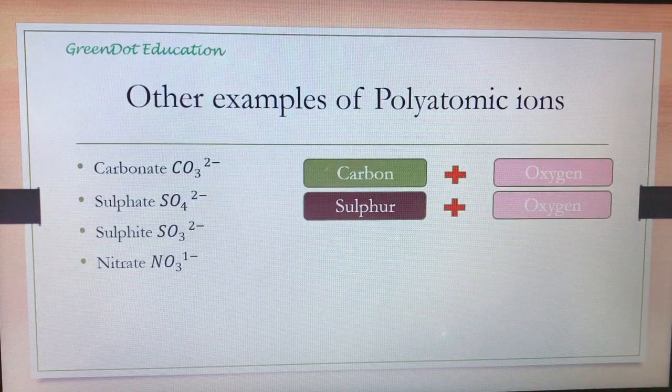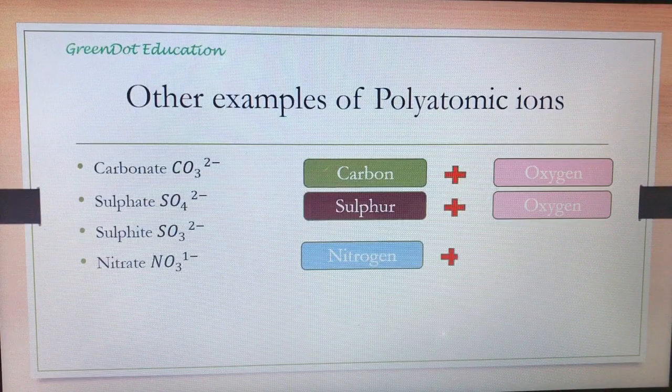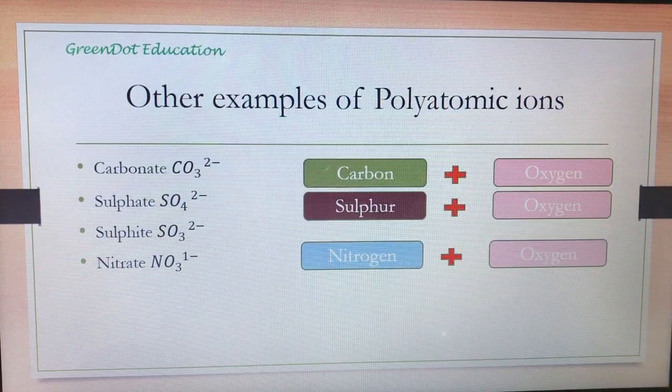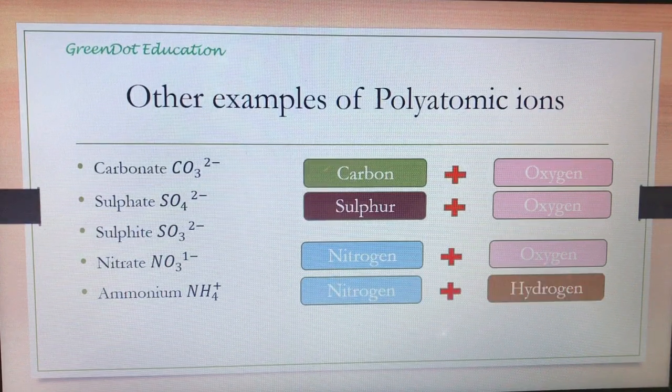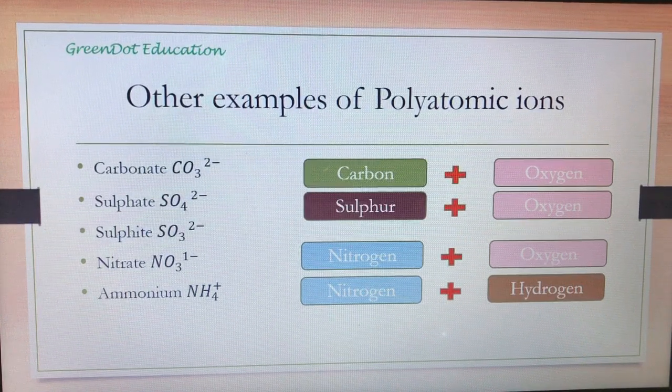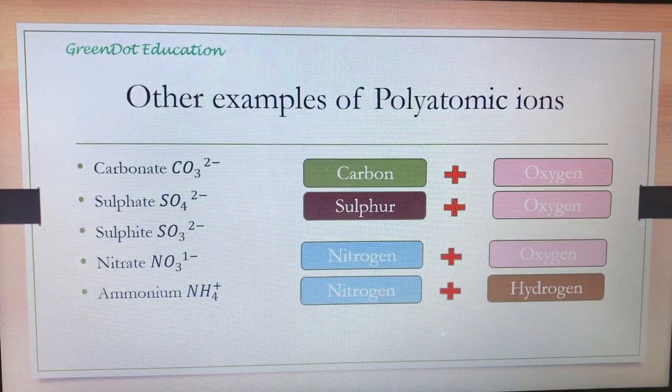Nitrate is a combination of nitrogen and oxygen. Here one atom of nitrogen combines with 3 atoms of oxygen. In the same way, ammonium is a combination of nitrogen and hydrogen. So one atom of nitrogen combines with 4 atoms of hydrogen to form the ammonium ion, which is positively charged.